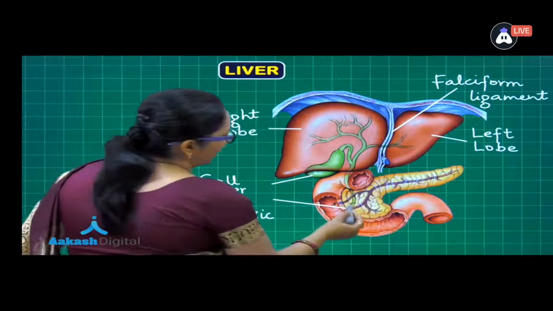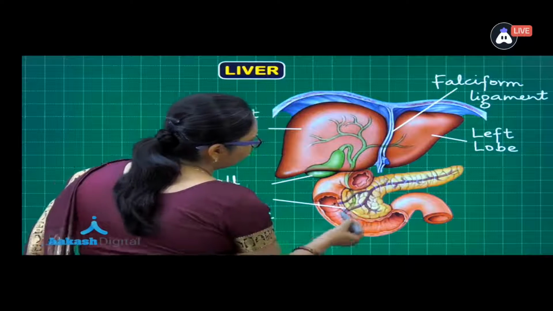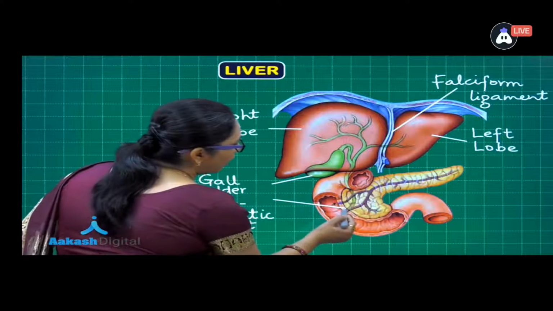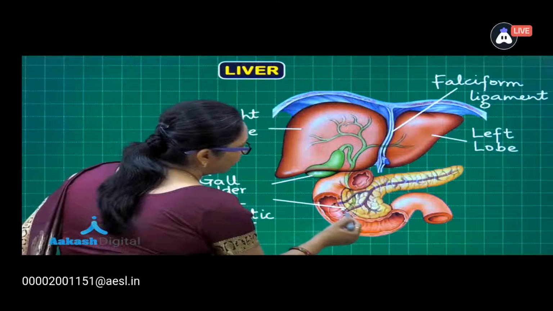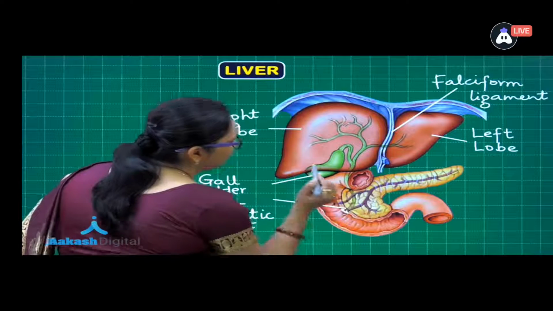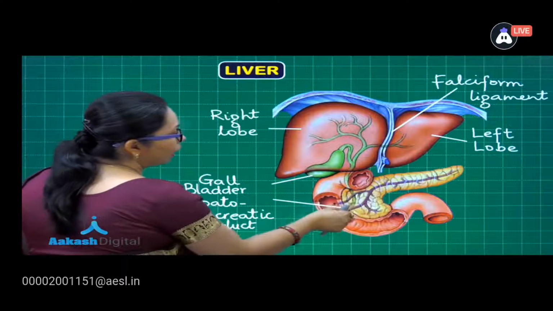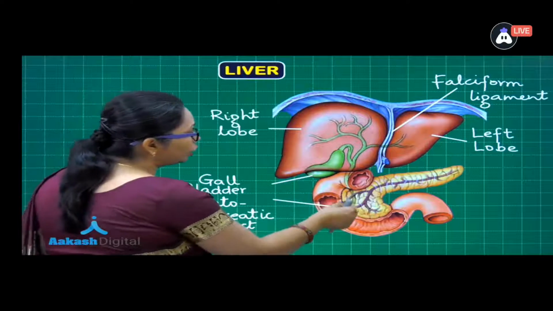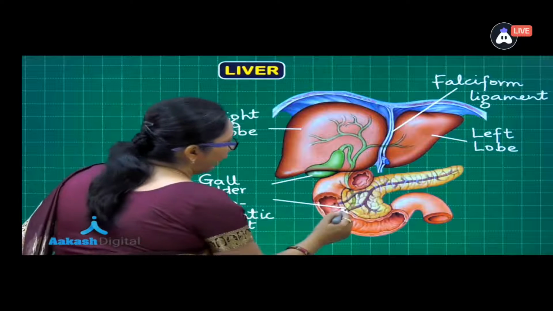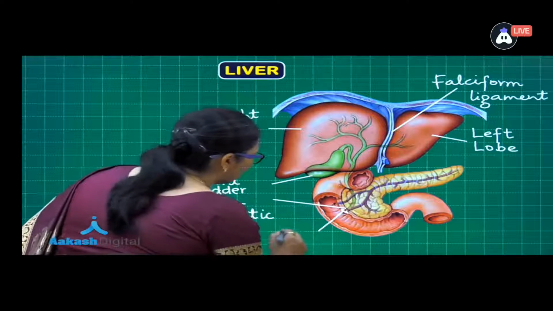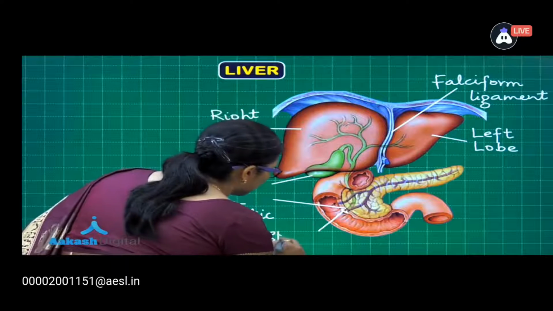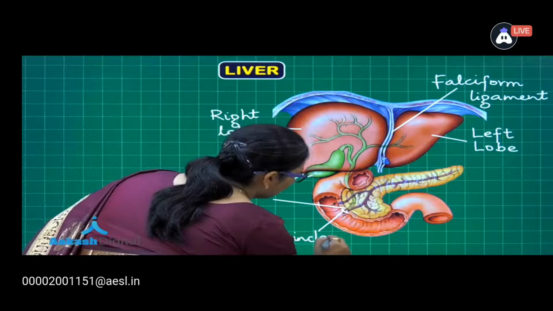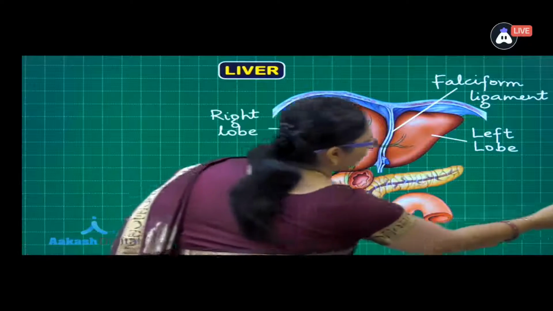Now at this region where the hepatopancreatic duct is entering into the wall of the duodenum, there is a valve, and the purpose of the valve is that it is regulating how much bile and pancreatic juice can pass into the duodenum, and this valve is the sphincter of Oddi.